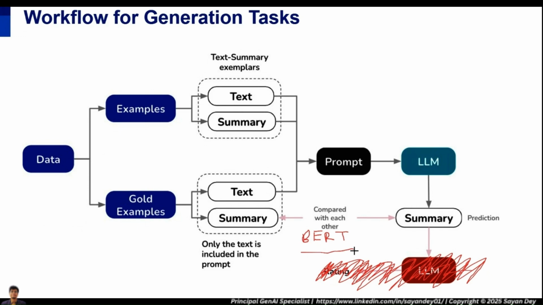Semantic comparison basically means you are looking at the meaning of the predicted summary, what is the actual meaning present in this summary, and you're comparing that with the actual summary's meaning. So this is the comparison that you're making using the BERTScore.